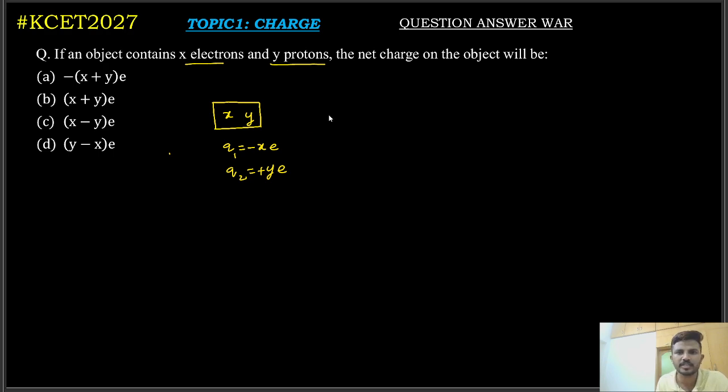The net charge on the object is given by q1 plus q2, that is equal to minus xe plus ye, that is y minus x into e. That is option D is correct.